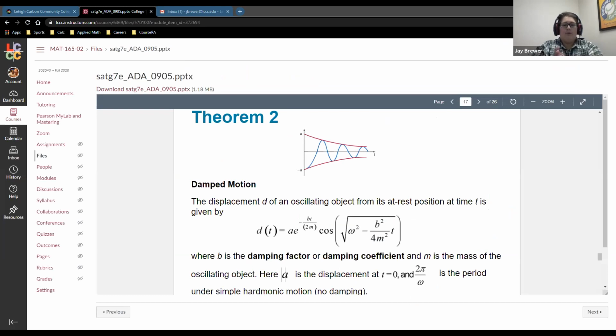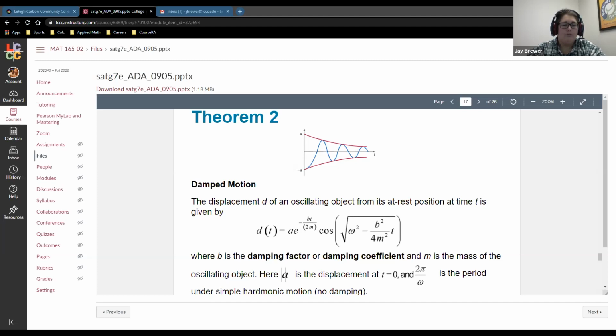Theorem 2, damped motion. The displacement d of an oscillating object from its at-rest position at time t is given by the following, where b is the dampening factor or dampening coefficient, and m is the mass of the oscillating object.